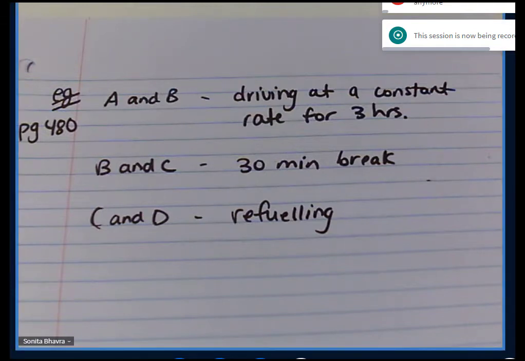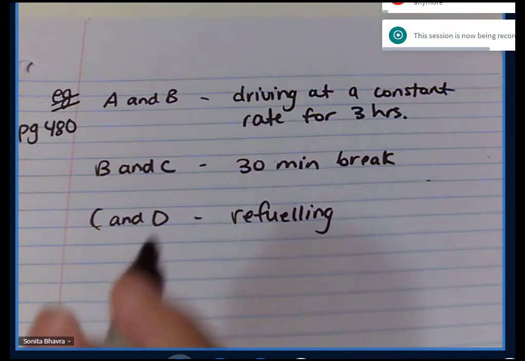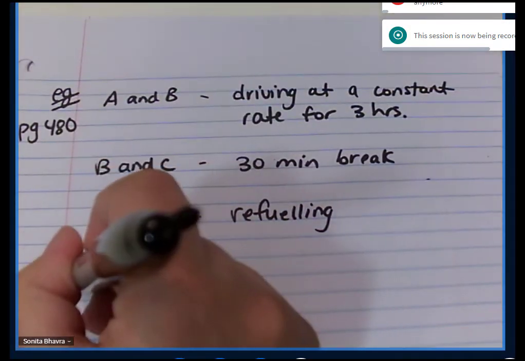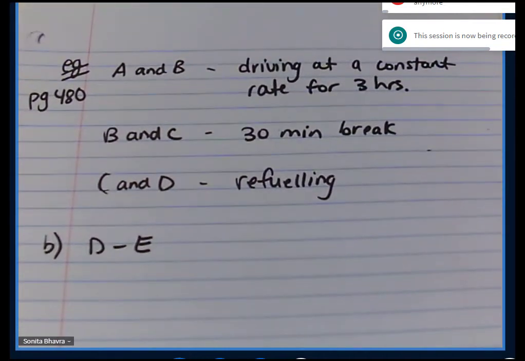All right, next question is asking what is the rate of fuel consumption between D and E? So this is part B. So from D to E, what is our fuel consumption?